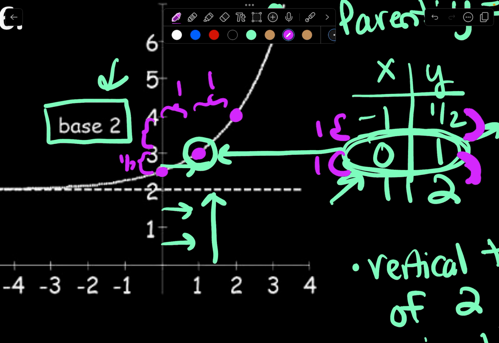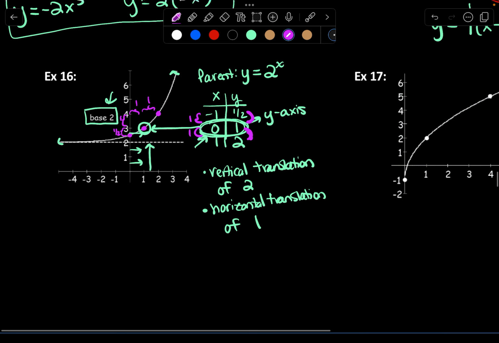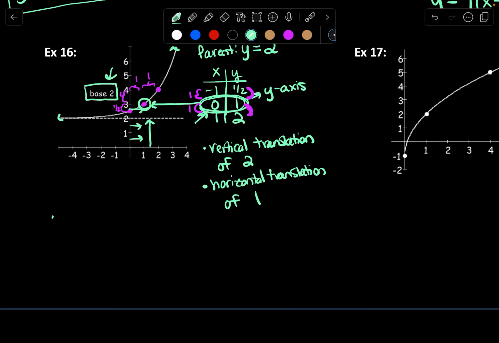So these are separated by 1/2 unit, these are separated by 1 unit. So there are no dilations, vertical or horizontal. So for this transformed function, we have a base of 2, we have a horizontal translation of 1, so we'll have x minus 1, and a vertical translation of 2, so we'll have plus 2.